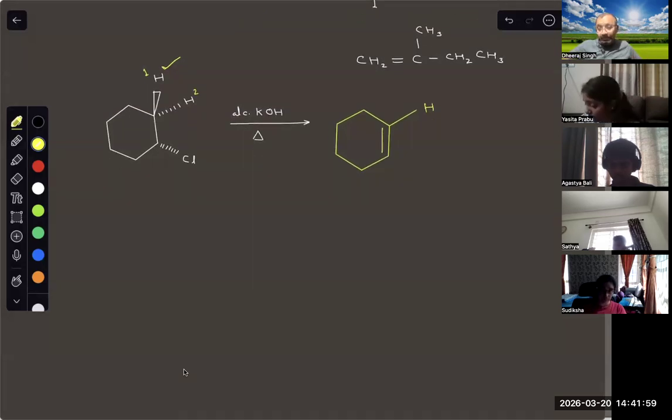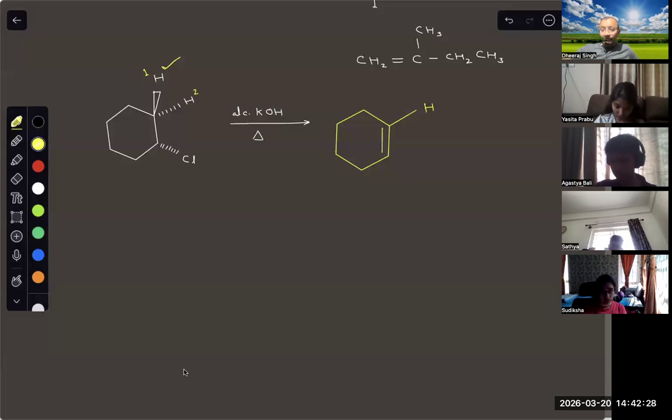Next, I have a theoretical question. Carefully listen and answer. The correct statement for E2 reaction: it is a two-step process; it is a unimolecular reaction; a strong base favors it; a carbanion is formed during the reaction.